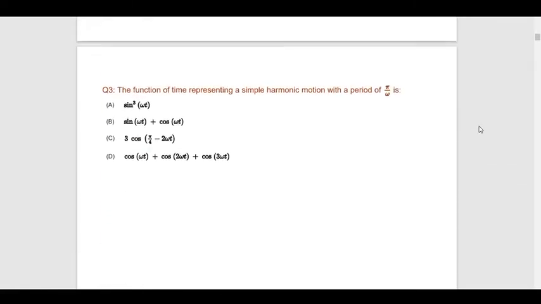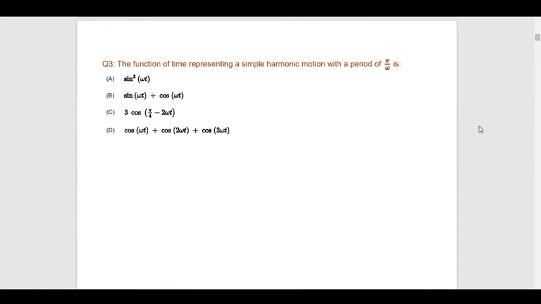Let us move on to the next question, which says that the function of time representing a simple harmonic motion with a period of pi by omega is, okay, pi by omega. Of all of these options, option C is going to be the correct answer. Why? Because time period is represented as 2 pi by omega, and you can locate that the value of omega for this motion is 2 omega.